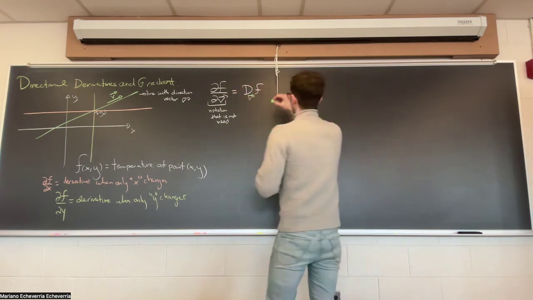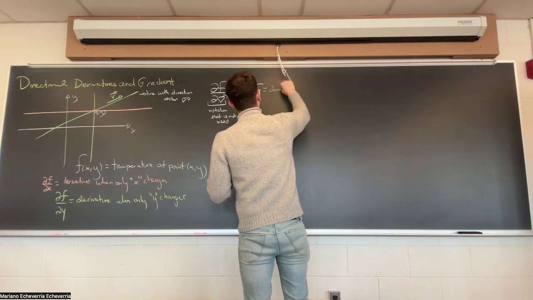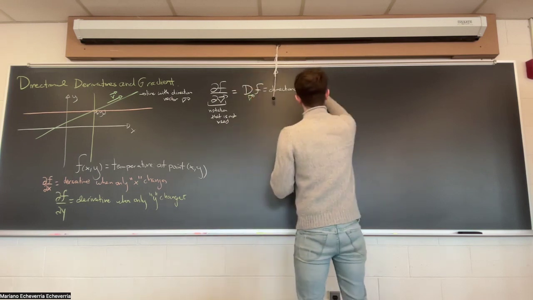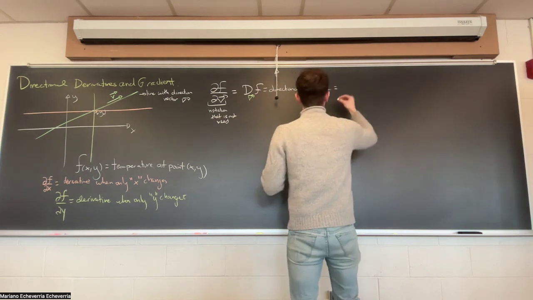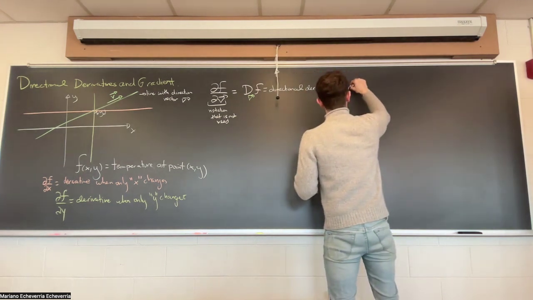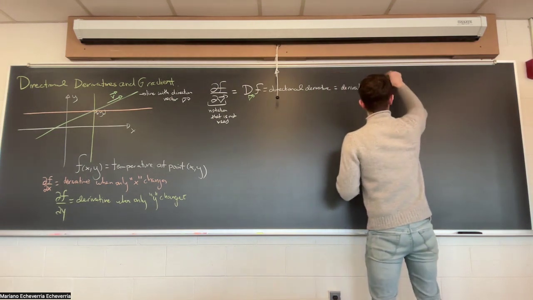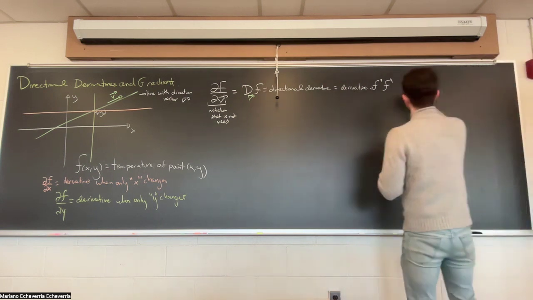This is called the directional derivative. It is the derivative of f along a line with direction vector v.